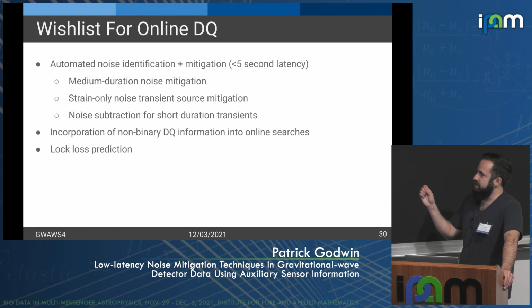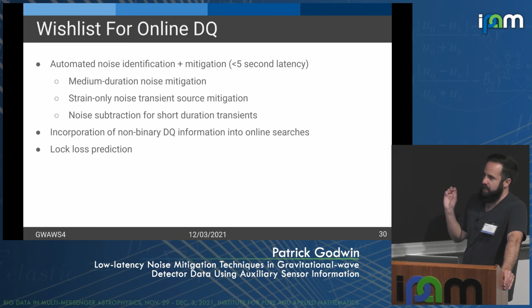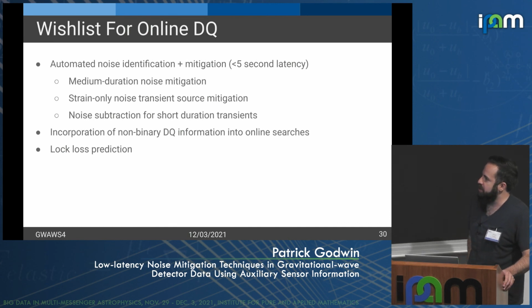It is very good in that aspect. And one thing that I haven't seen in production yet is being able to subtract out glitches, which would be absolutely great because it never shows up, or it gets removed from the strain, and then the searches have a more sensitive search.